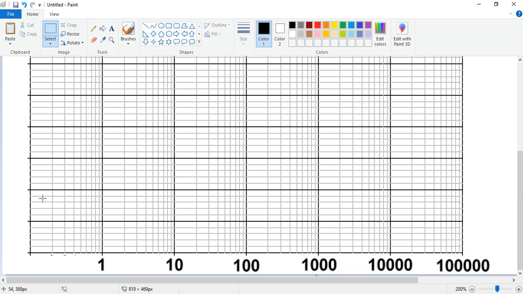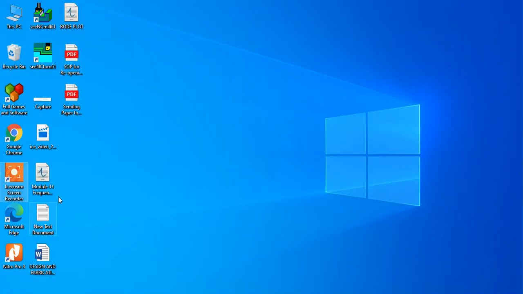So this particular value I will consider as 0.1. Now what will this be? This particular value will be 0.2.